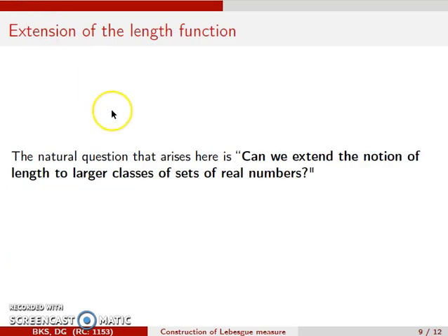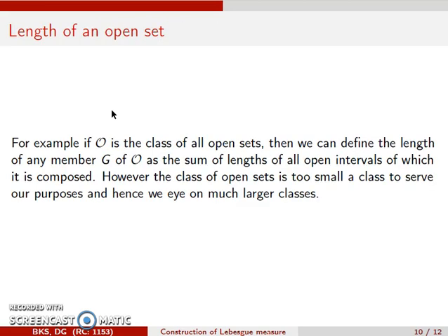The natural question that arises here is: can we extend the notion of length to larger classes of sets of real numbers? For example, suppose we consider the class of all open sets, named O, and we can define the length of any member Z of O to be the sum of the lengths of all open intervals of which it is composed.